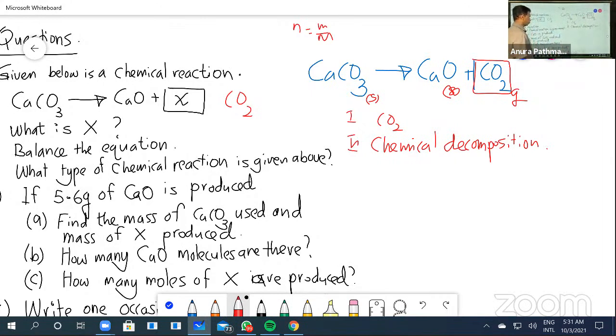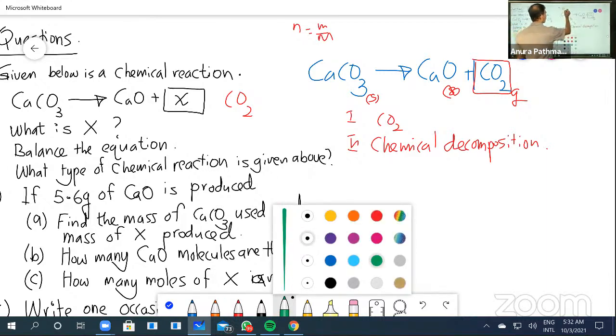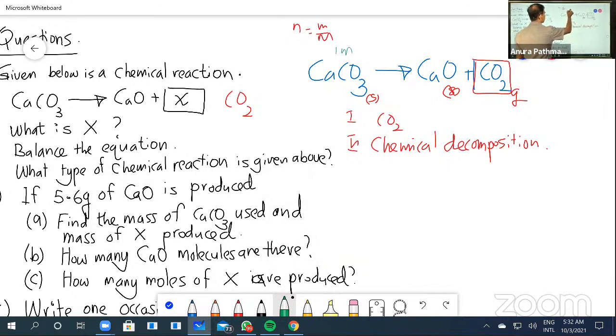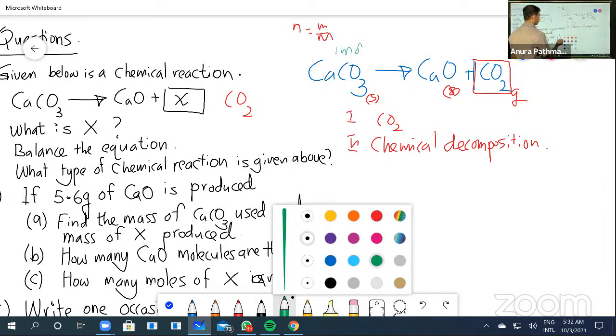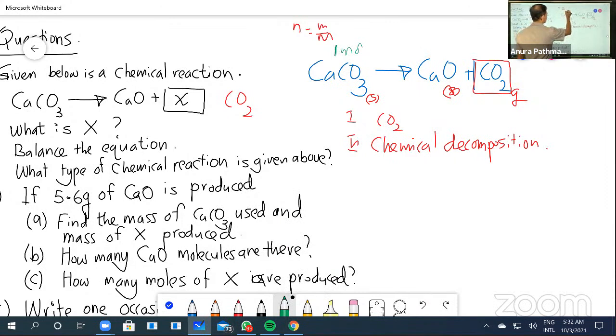Calcium carbonate 1 mole, and each of them produces 1 mole if 1 mole of calcium carbonate is used. But 5.6 gram of calcium oxide.